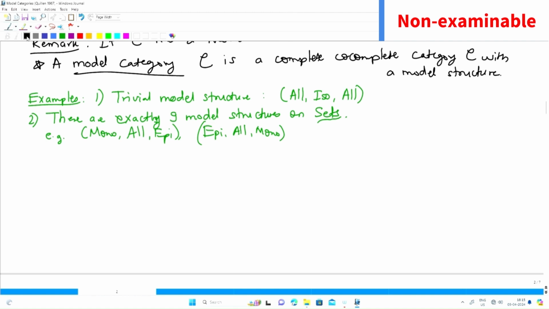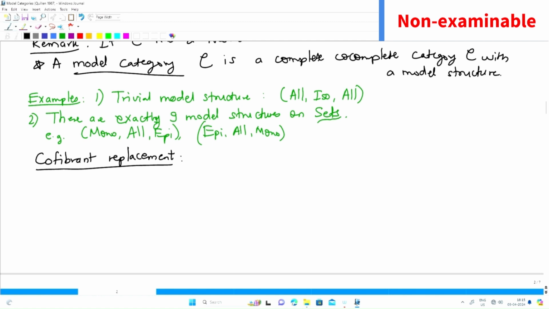Before we do that, of course, we can talk about the cofibrant replacement functor or replacement. This is a functorial construction. We just said that if C is a model category, then it is complete and co-complete. In particular, it has an initial and a terminal object.